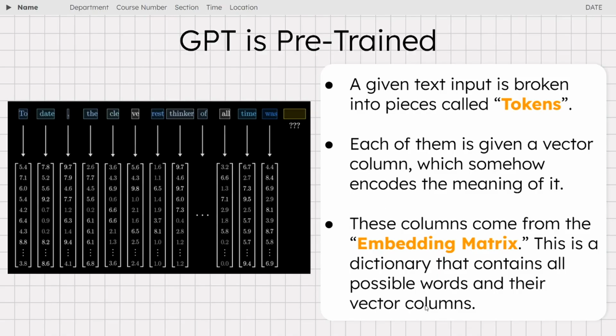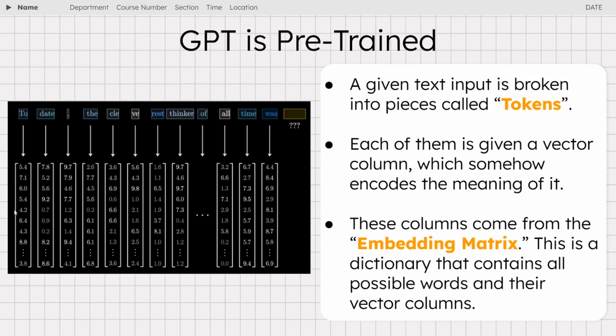And this dictionary is given already. That's why the P in GPT is called pre-trained, because they already created the table and assigned the values. When we input a string, we just look it up from this dictionary.